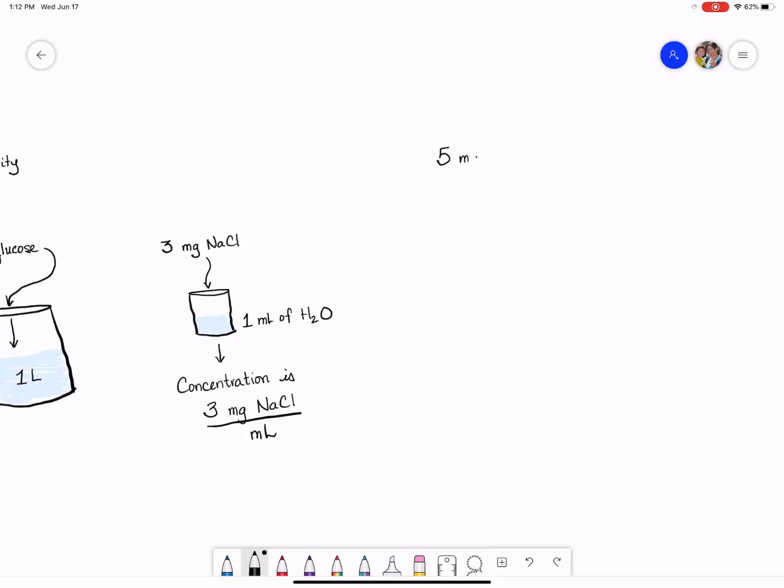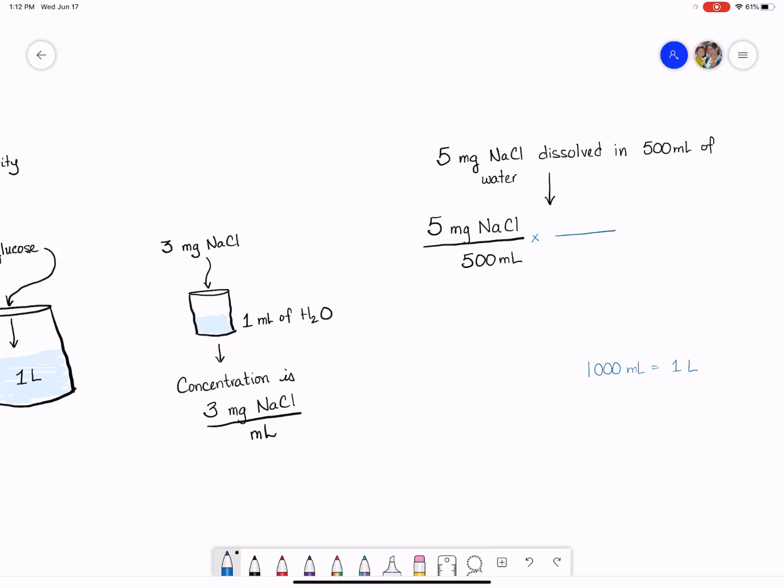If I were to take 5 milligrams of sodium chloride and dissolve it in 500 milliliters of water, we could actually apply our conversions as shown here, to show that this is equivalent to 10 milligrams per liter.